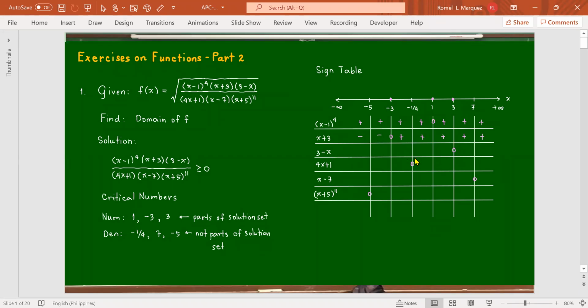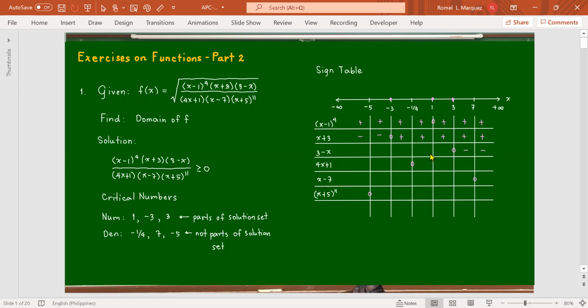What about 3 − x? Where is 3 − x negative? To the right of 3 or to the left of 3? Where is it negative? To the right, no?